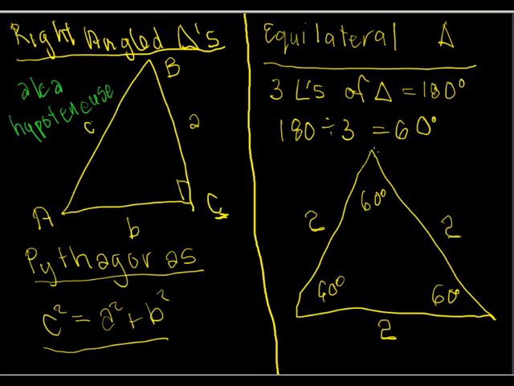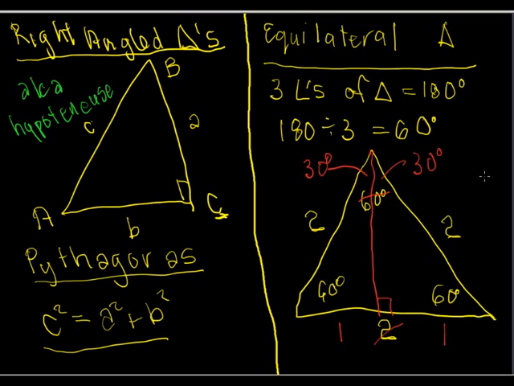Now let's see if we drop a line from there straight down to there, at right angles to the base, you can see that's going to cut that in half. So that'll be 1, 1. 1 plus 1 is 2. And it'll cut this 60-degree angle in half. That angle there will become 30 degrees, and that one there will become 30 degrees also.